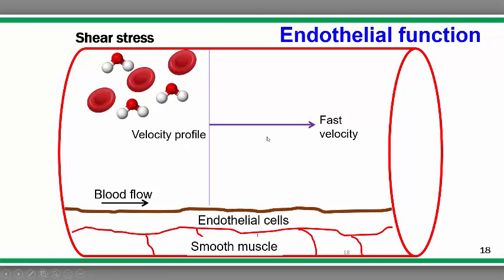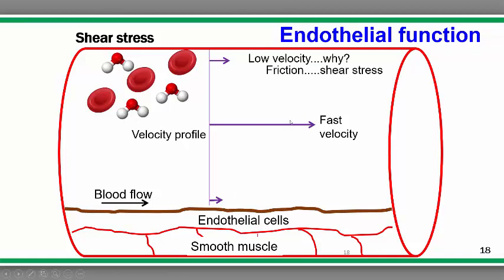And so we see that in the middle of the lumen of the artery, blood is flowing at its fastest velocity. If we take a look at the velocity vectors near the vessel wall, we see very short vectors here. And these vectors are very short because velocity is lowest near the vessel wall.